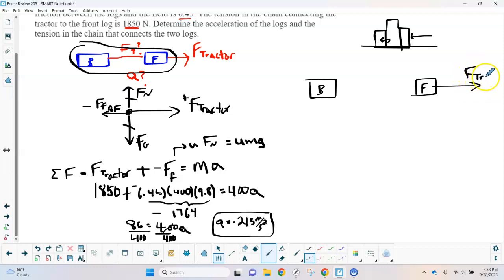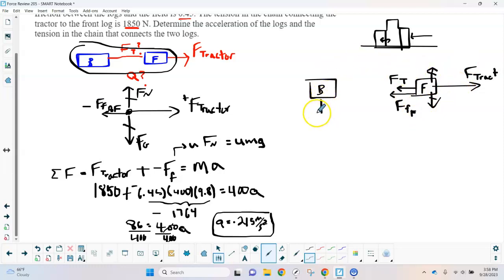It also has gravity and normal force, but again, they cancel out, but you'd need to find them. You have the rope or the tension between the two back and front logs, and it also has friction. So this, for the front, has three different forces acting on it. I think that's more difficult than B, or the backlog.